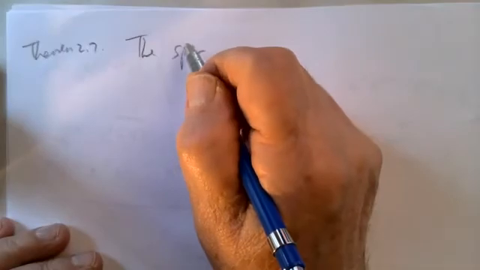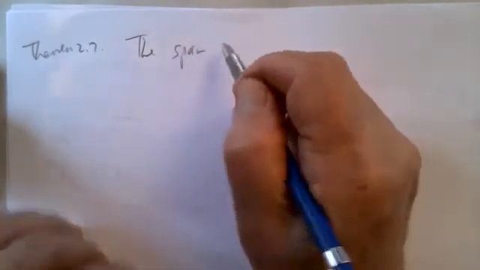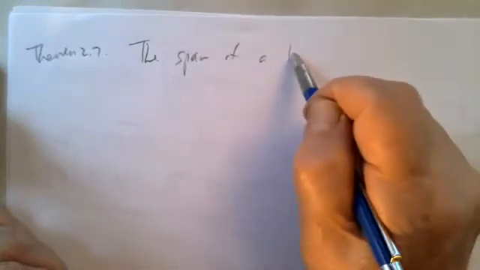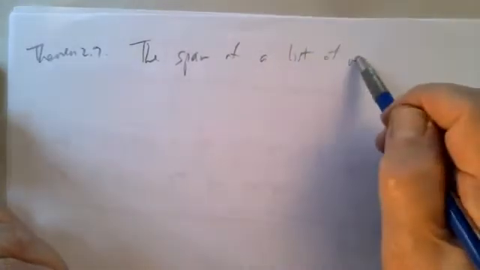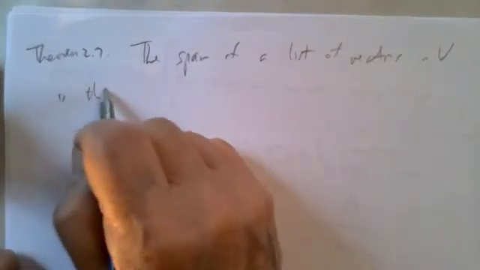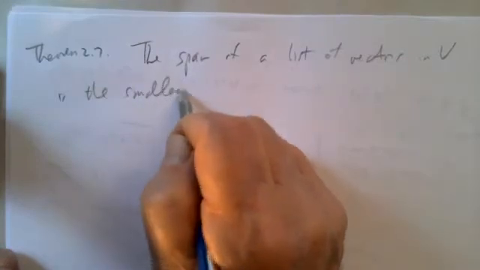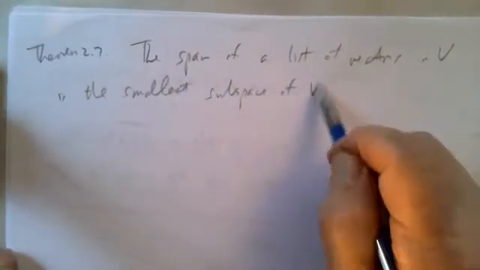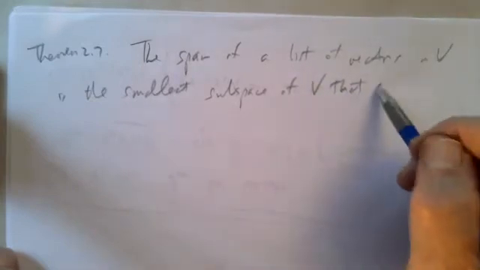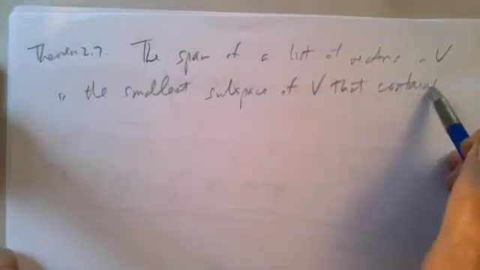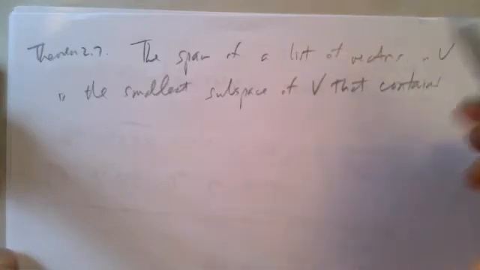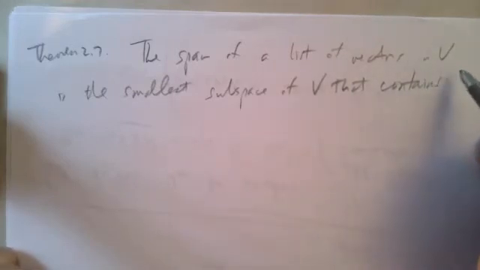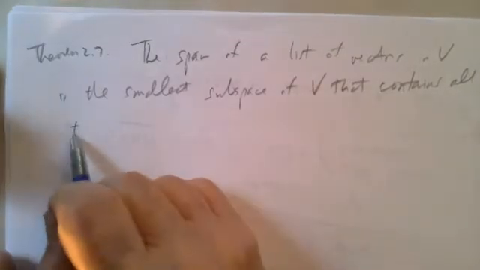The span of a list of vectors in V is in fact the smallest subspace of V that contains all of the vectors in the list.